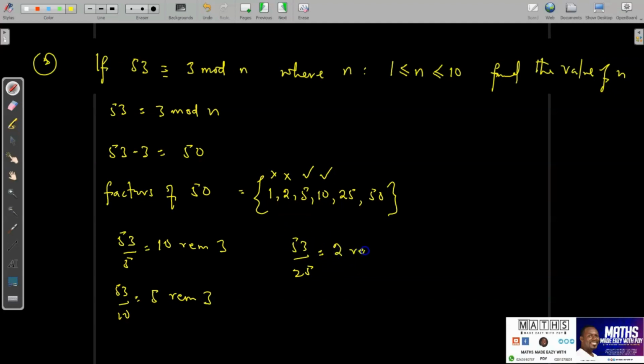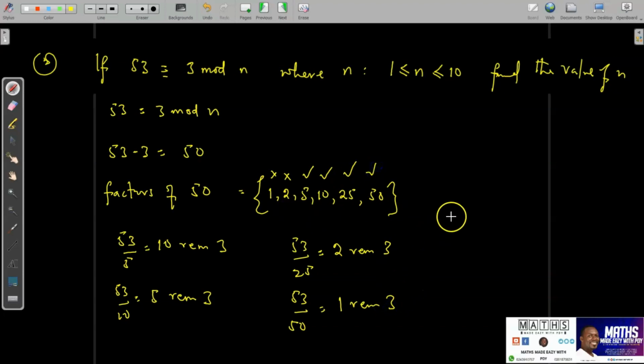A remainder of what? 3. So it means that this is also a possible solution. Now the last one, 53 divided by 50. It goes in how many times? 1. A remainder of what? 3. So this is also a possible solution.